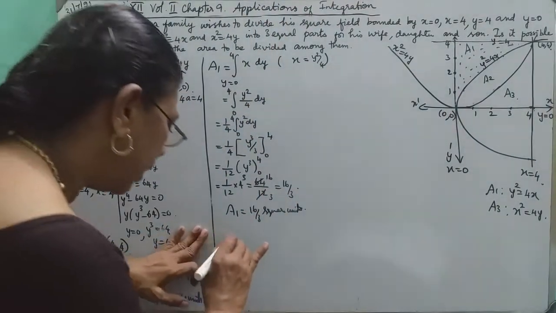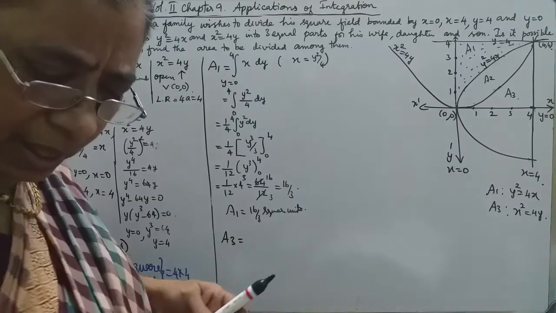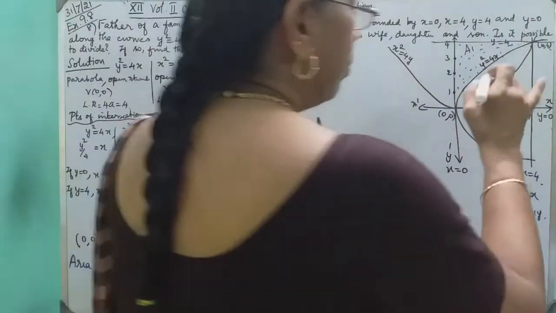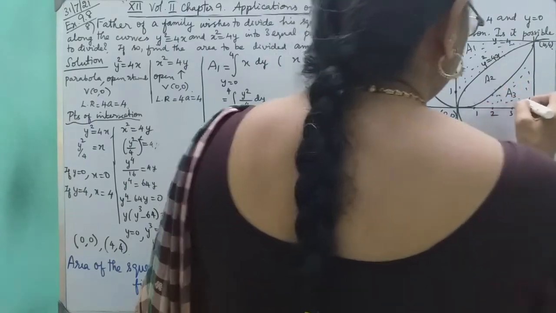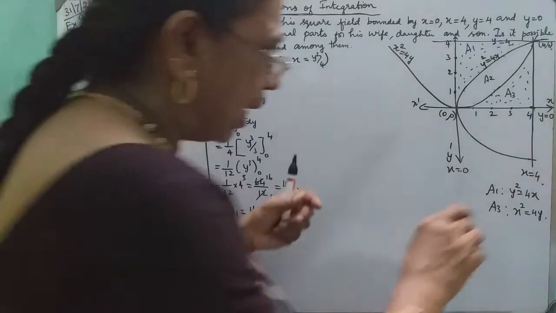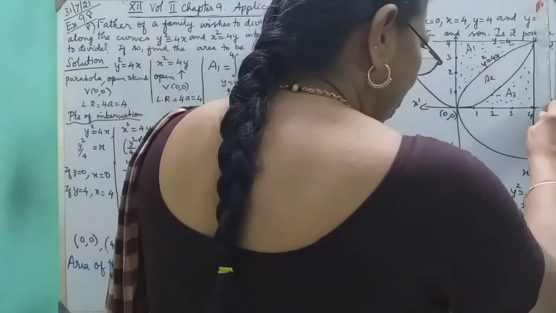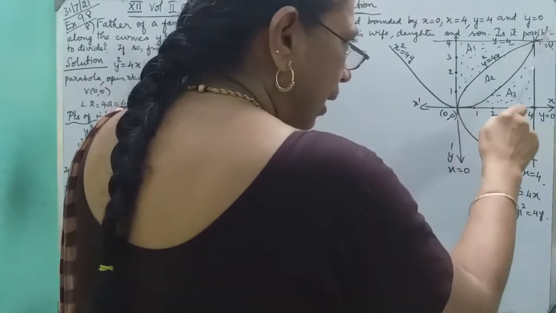So let us see what is A3. So what about the boundaries for this area? The region A3 is bounded by which lines? It is very clear that this A3 lies between these two perpendiculars, these two perpendiculars, the x-axis, and the curve.